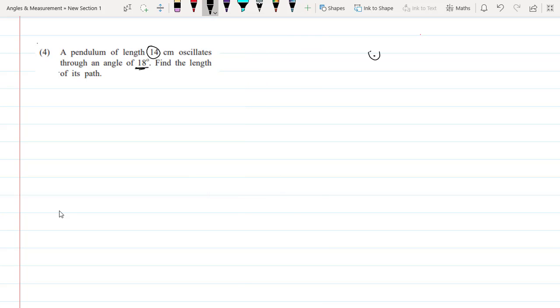Suppose this is the hinge, and assume this is a pendulum. The pendulum oscillates through an angle of 18 degree, the pendulum of length 14 centimeter. Find the length of its path.